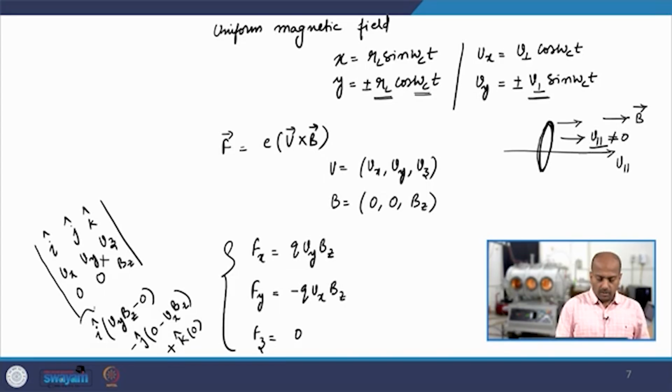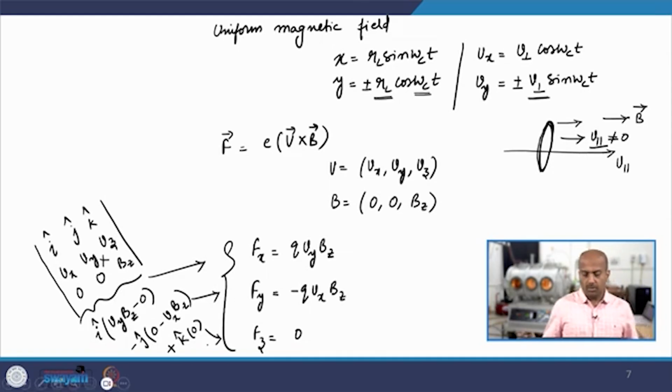So, this is the x component that I have written here, this is the y component I have written here, 0 is the z component. I have written this just for the sake of clarity, so that you may not think how did I get these relations.